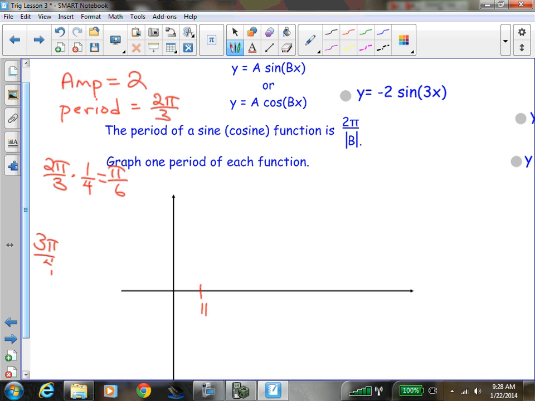So this is pi over 6. 2 pi over 6 would be pi over 3. 3 pi over 6 would be pi over 2. 4 pi over 6 would be 2 pi over 3. So notice that all of a sudden those numbers on x get a little bit different. Now we've got to go up 2 and down 2.